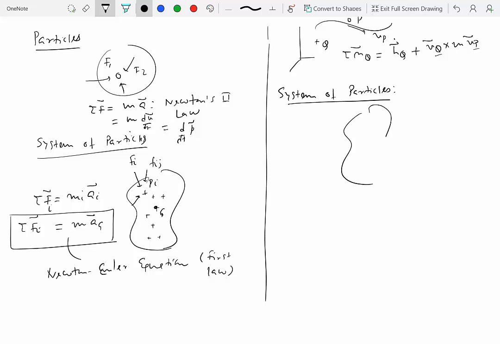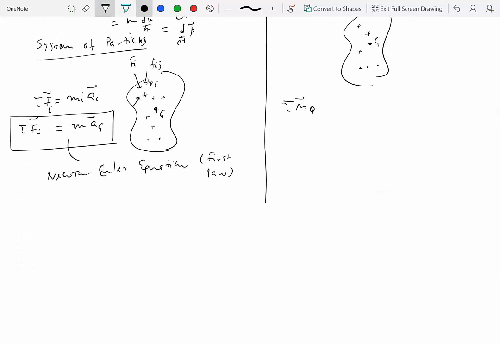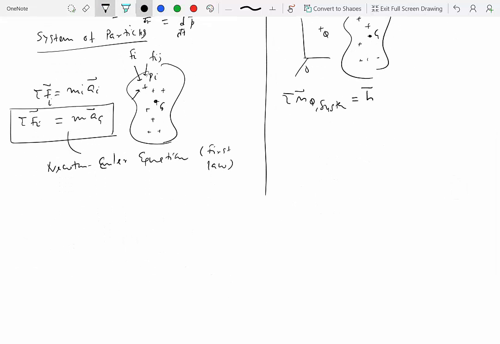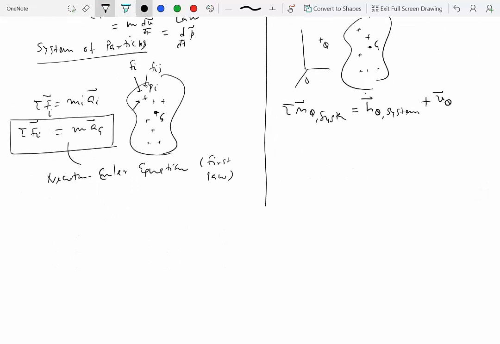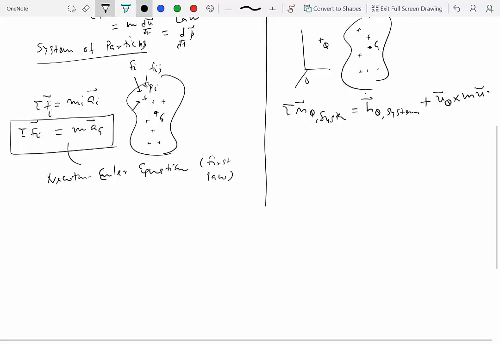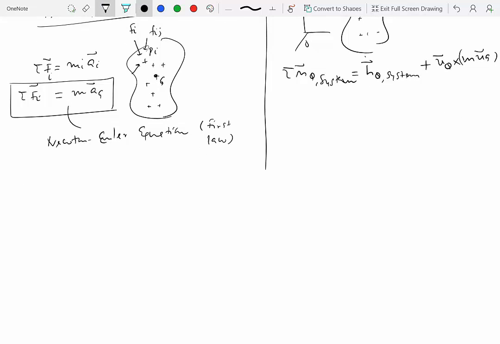For a system of particles, with multiple particles in here and, let's say, a reference point being G, the center of mass, we obtained that the sum of moments about Q of the system, again with a reference frame and a point Q, was equal to h dot Q of the system plus, and then the last term changed slightly from VQ cross m VP to m times VQ cross v of G, the velocity of the center of mass. This is something we derived in module 5.